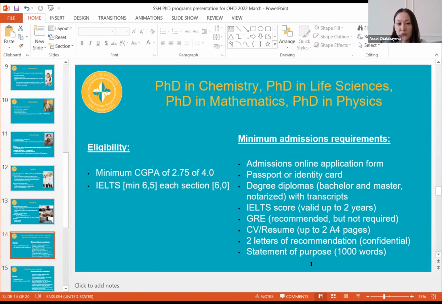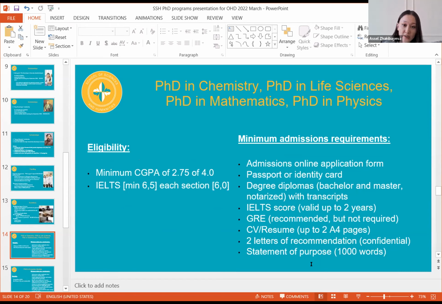Talking about the minimum admission requirements, I would expand on this. First of all, you go to the online admission application form, where you submit your application, providing all the data from your passport or identity card. You will need to attach scanned copies of the documents: passport, identity card, and degree diplomas.